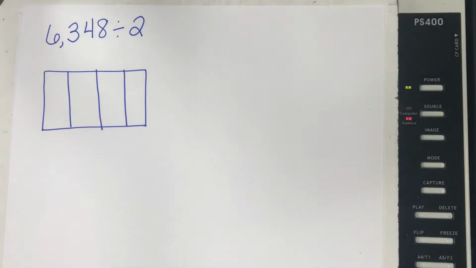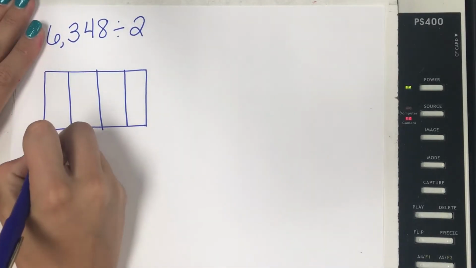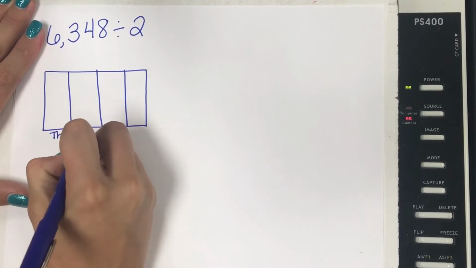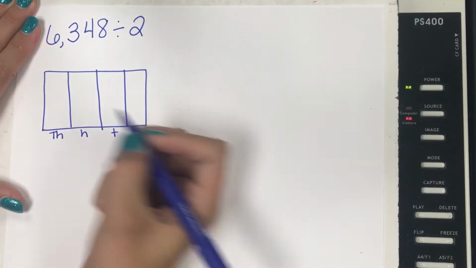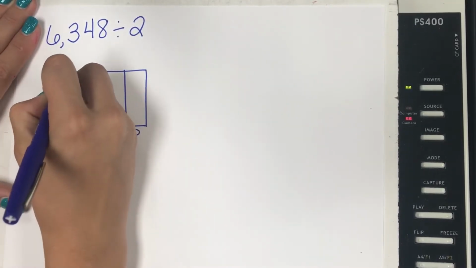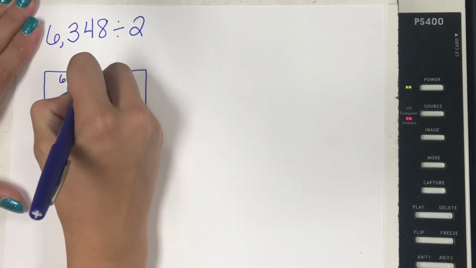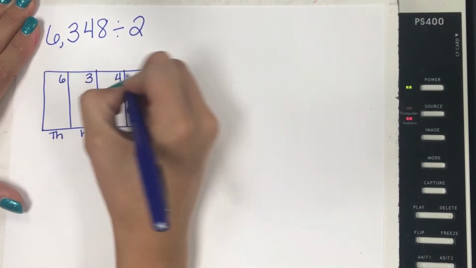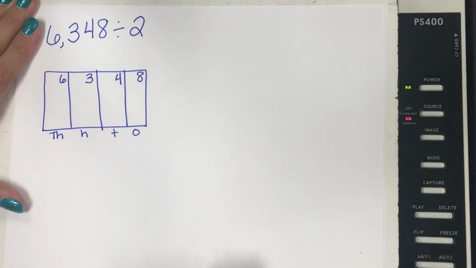What does my box represent? A place value chart. So I have 6 thousands, 3 hundreds, 4 tens, 8 ones.